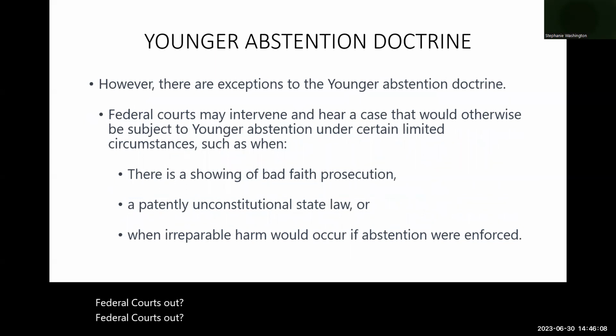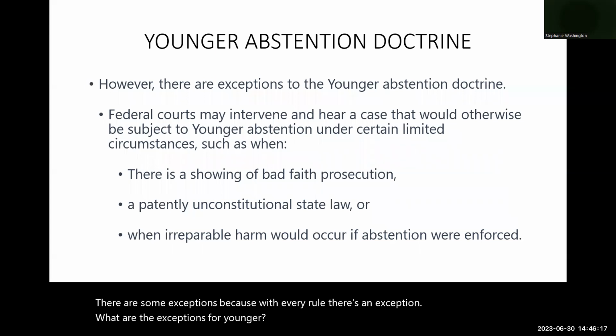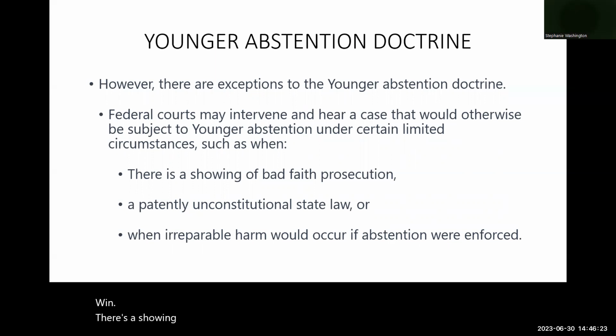Okay. Now, there are some exceptions, because with every rule, there's an exception. What are the exceptions for Younger? Federal courts may intervene when there's a showing of bad faith prosecution. Mitchum. When a patently unconstitutional law, a flagrantly unconstitutional law, is present, that's Mitchum.